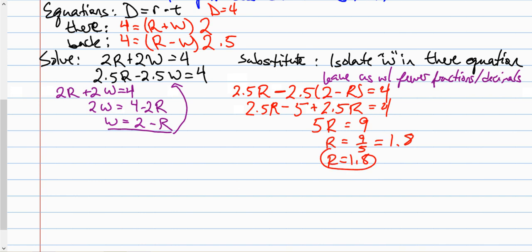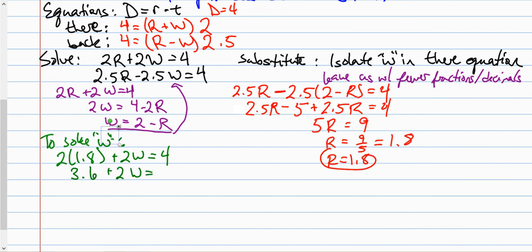Now we need to find W. So I can't, unfortunately, use my nice little solved equation. That's not allowed. But I can come up here and use this equation to solve for W, and that's easier of the two equations to work with. So we'll go with green. To solve for W, I'm going to use 2R plus 2W equals 4. 2 times 1.8 is 3.6 plus 2W equals 4.